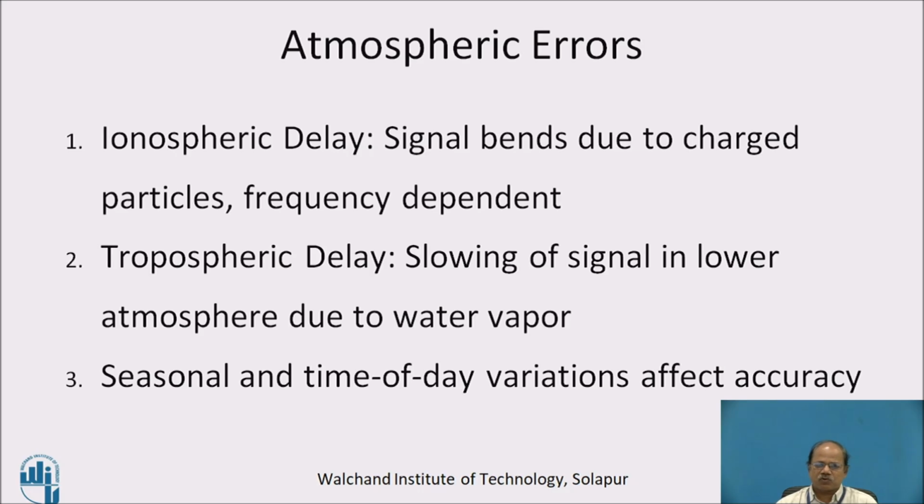So, due to summer, winter or rainy season, or early in the morning, midday or evening, or even at night, slight errors are likely to happen on the signal which is transmitted from the satellite to the user.